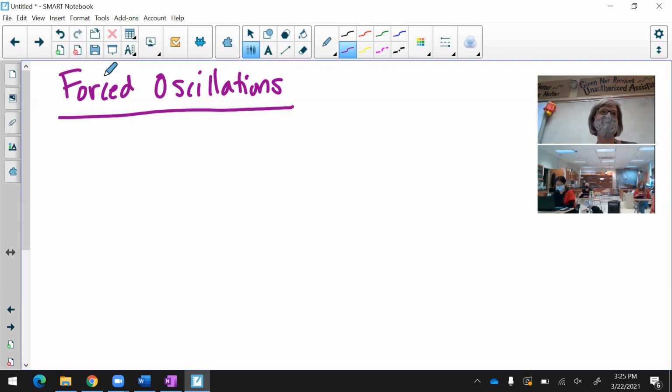But this isn't always the case. So I think the best example of forced oscillations is to think about pushing somebody on a swing. A person on a swing is effectively a pendulum. So the natural frequency of that pendulum is a function of the length of the swing.